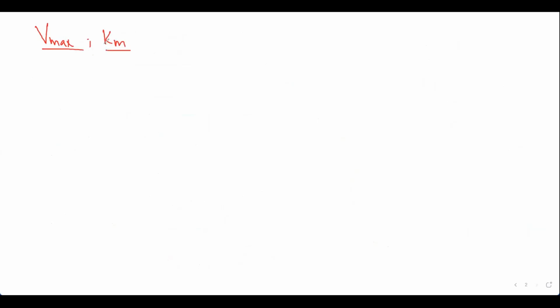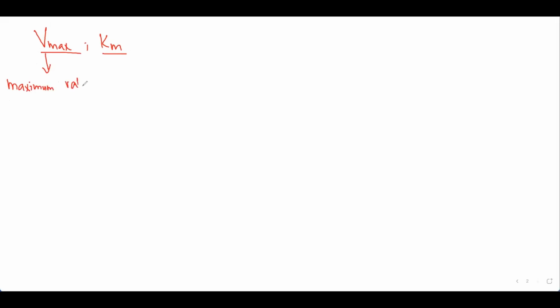This is about, we need to understand this is about enzymes. So Vmax, so, you know, V means speed, velocity. So what's Vmax? It's the maximum rate of an enzyme controlled reaction. Yeah, enzyme catalyzed reaction up here.